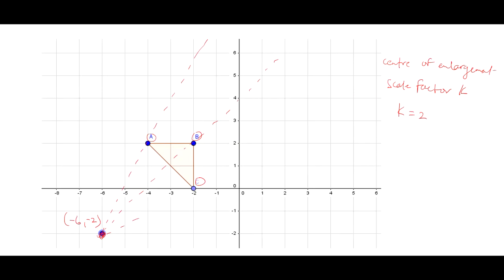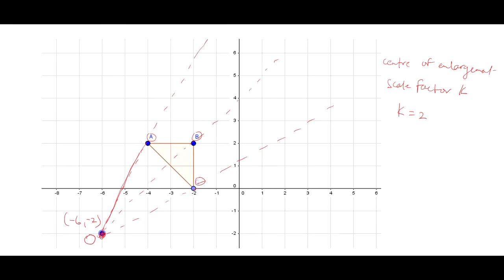Then we draw a line through the point C and we extend it. Alright, and now you take a ruler and measure the distance. Let's call the center of enlargement O for now, just for me to be able to label. So if this is O, we need to measure the length OA, right?